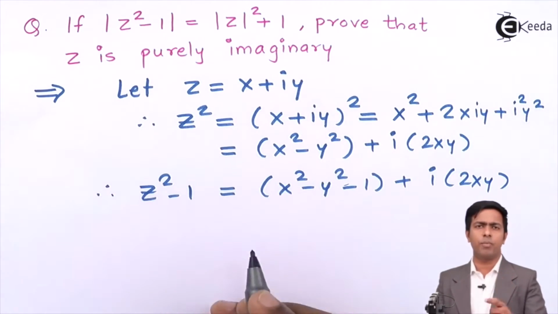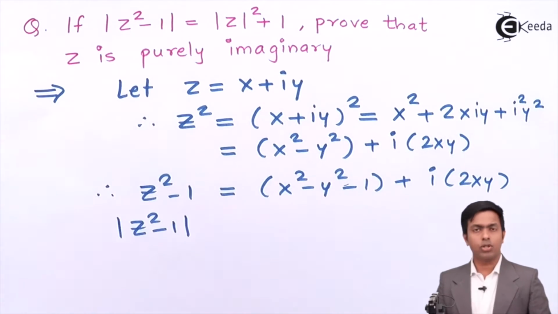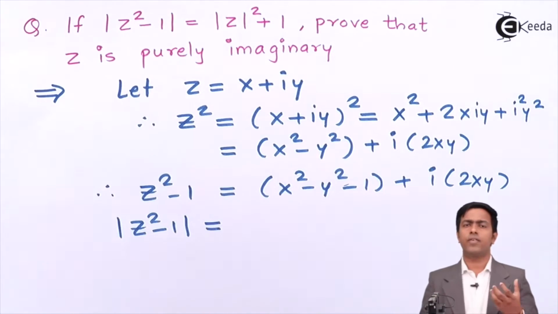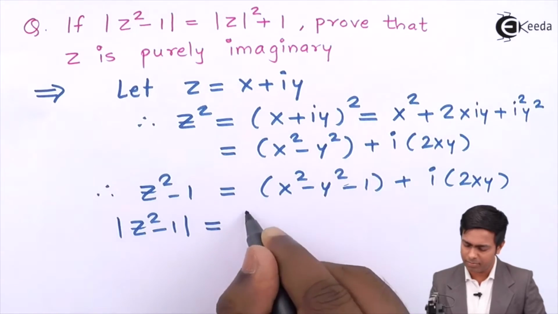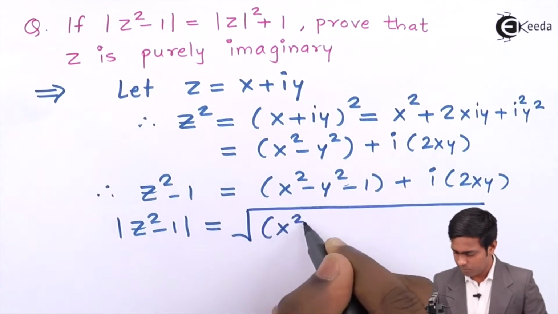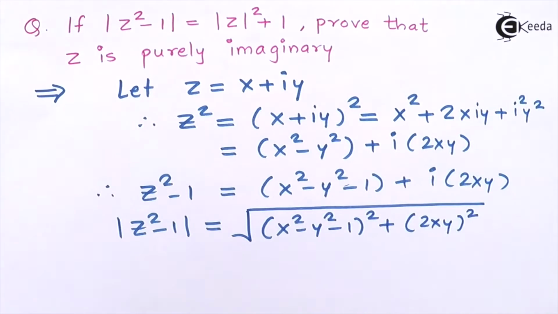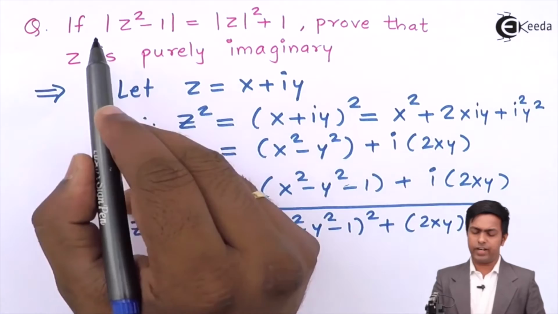Now let's find the mod of that. The mod of this number is nothing but the square root of the square of the real part plus the square of the imaginary part. Now guys, this is the value of the left hand side.